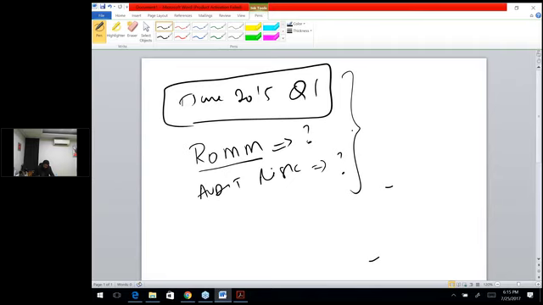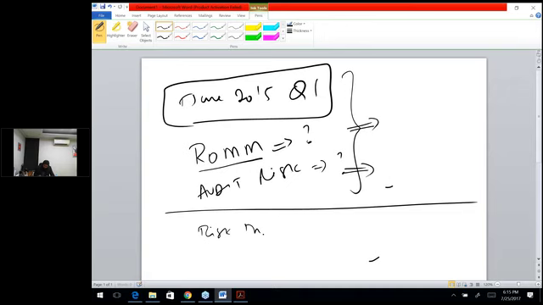So let's have a quick discussion about the difference between the risk of material misstatement and audit risk.